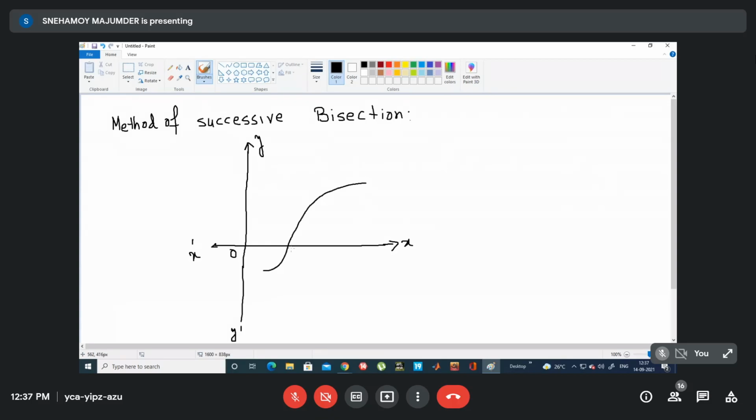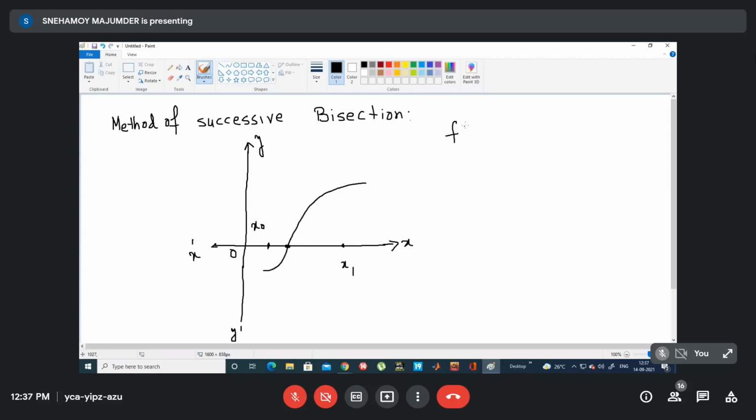Now you know this point from the curve approximately. Take a point before it, say that is x0, and a point after it, say that is x1.